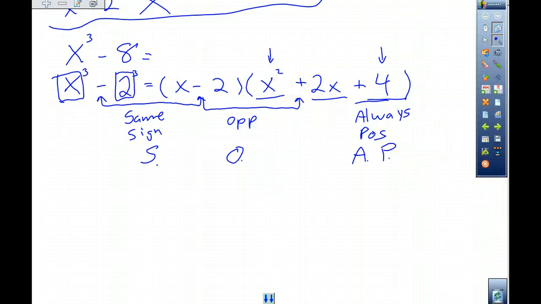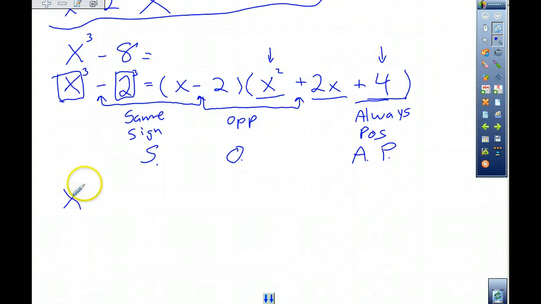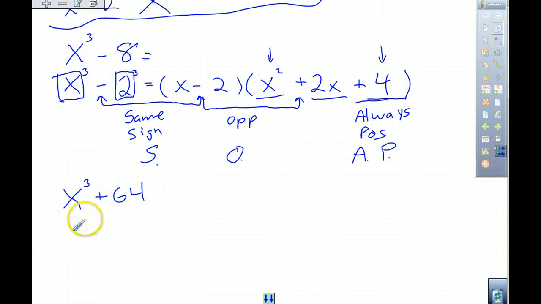And it is nice because the same acronym, the same process, works for a sum. So what number is this cube? 4. Yeah, that's 4. It multiplies to a binomial, then a trinomial.